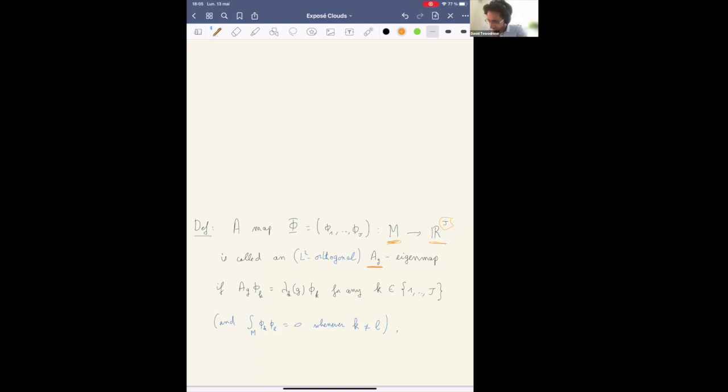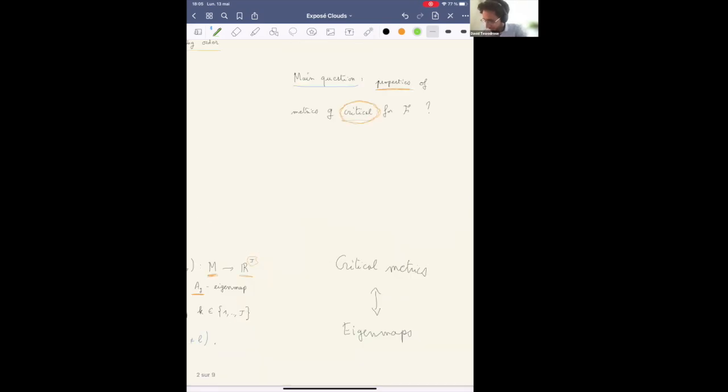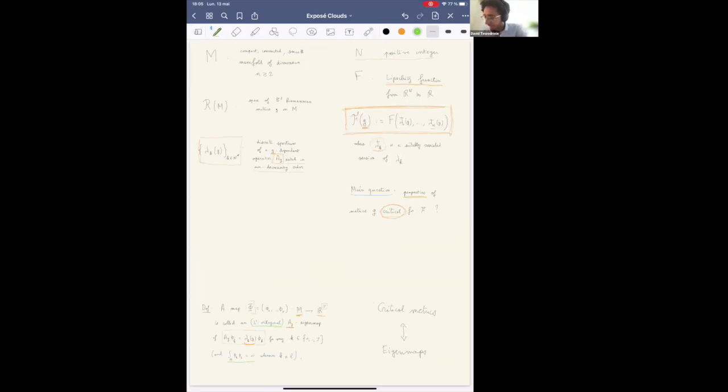If the coordinates of the map φ are eigenfunctions of Ag, each eigenfunction corresponding to an eigenvalue, they are sorted in increasing order, and the coordinates are also sorted according to this order. And we also say that the eigenmap is L2-orthogonal if the coordinates are orthogonal with respect to the L2 scalar product. For now, this is just a formal definition.